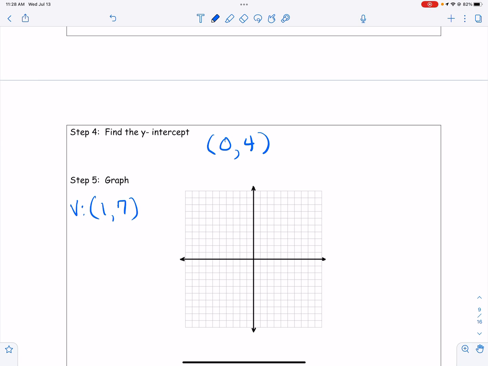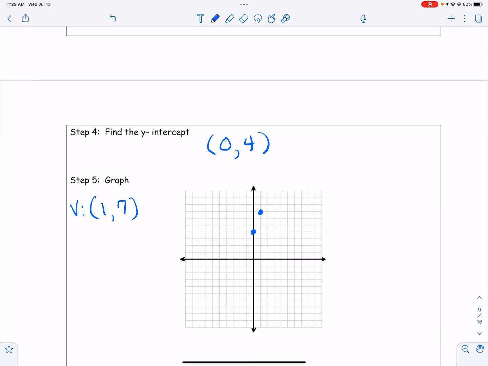So we've got here. And then we have the y-intercept, which is (0, 4). And we know it opens down because we have a negative 3 in front of the parentheses.